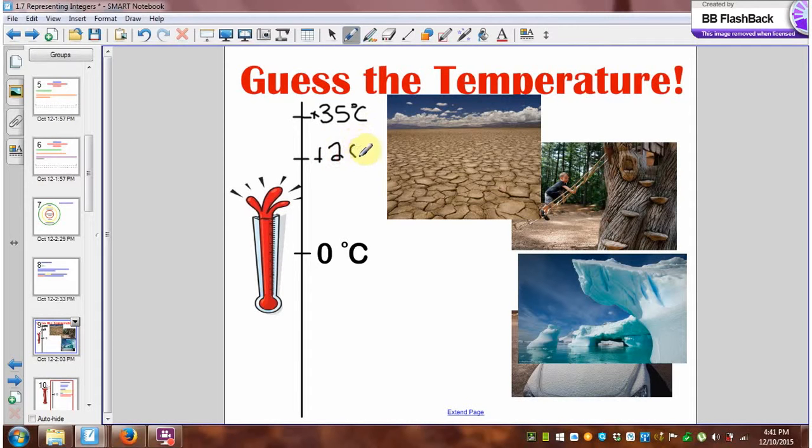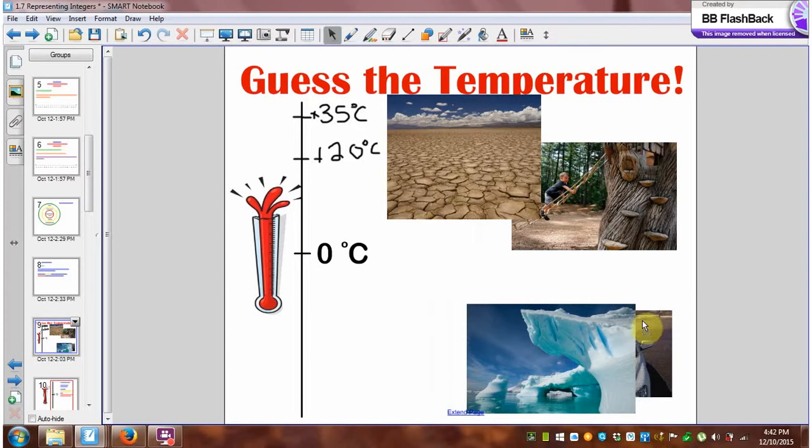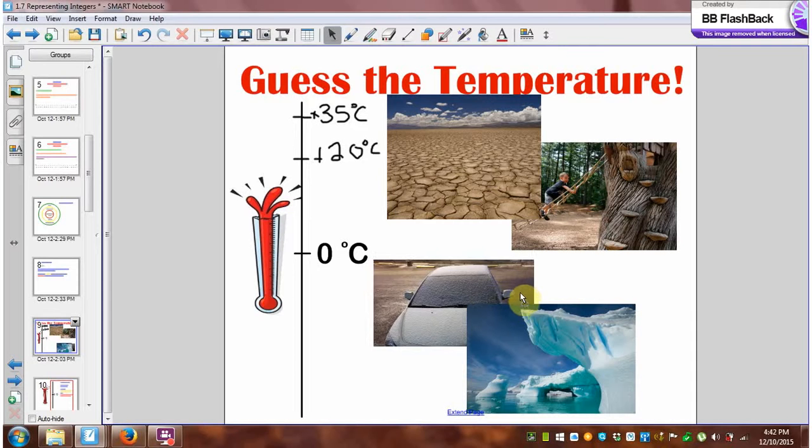Because a lot of people are out in their shorts when it gets 20 degrees outside. Okay, so you see these are hot, right? These are summer or desert conditions. That's positive temperature.